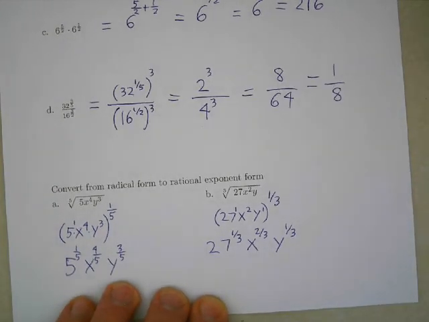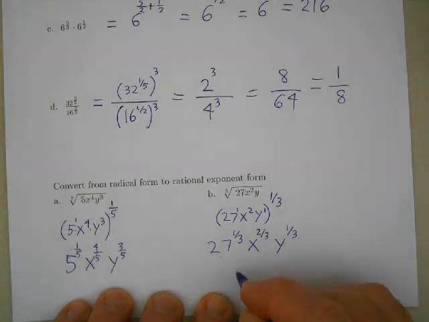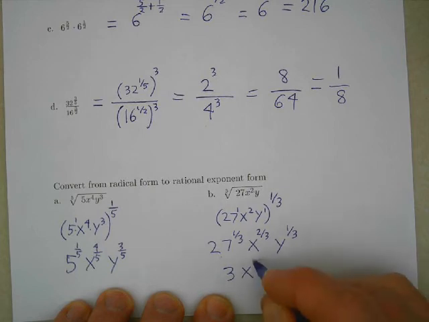Well, we can simplify a little bit further, because 27 to the 1/3 simplifies to 3. 27 is a perfect cube, and so 27 to the 1/3 is just 3, and so our answer becomes 3 times x to the 2/3 times y to the 1/3.